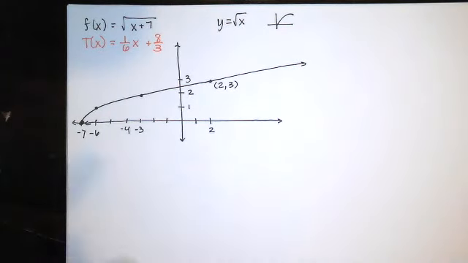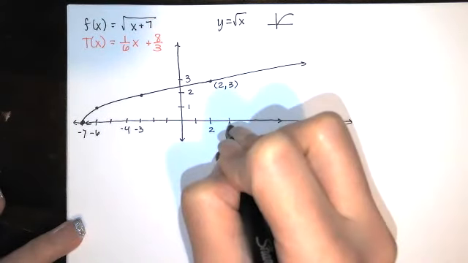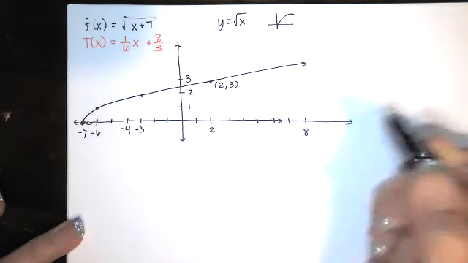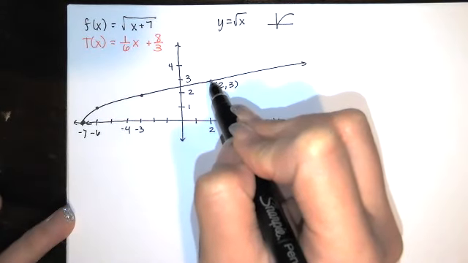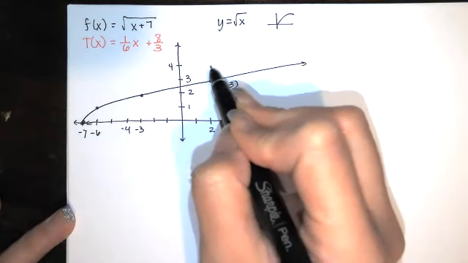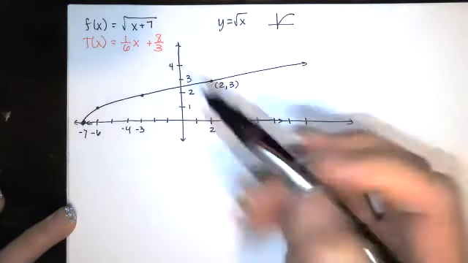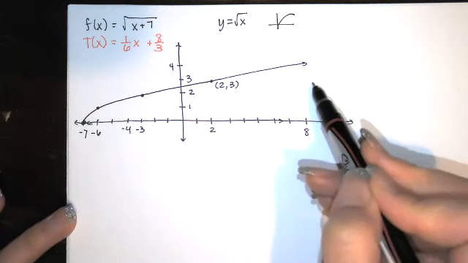What does that mean? Rise 1 and run 6, right? So I go up 1 to y equals 4, and then over here to x equals 8. So it goes through x equals 8, y equals 4.